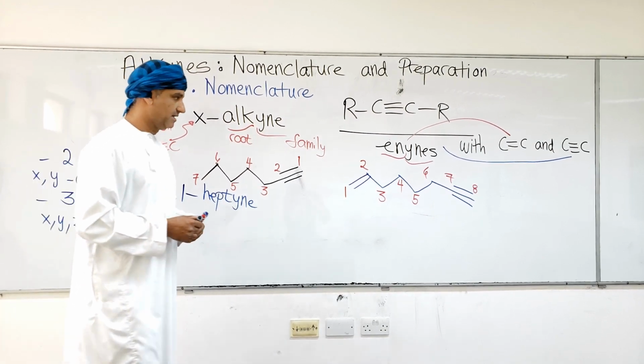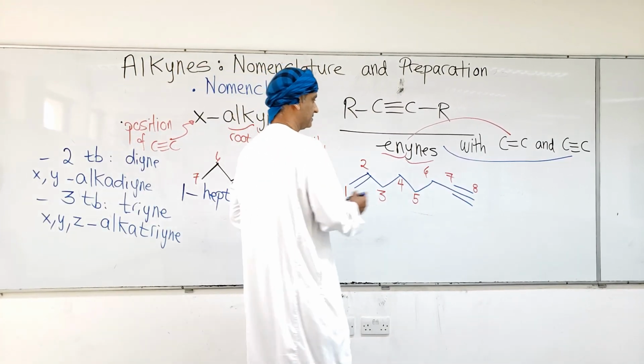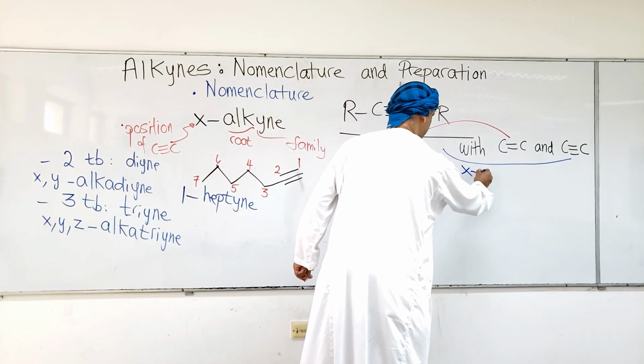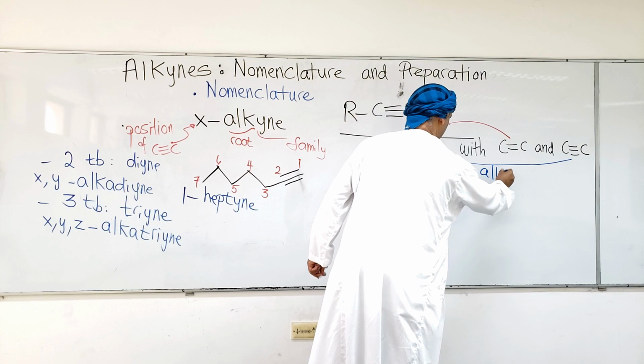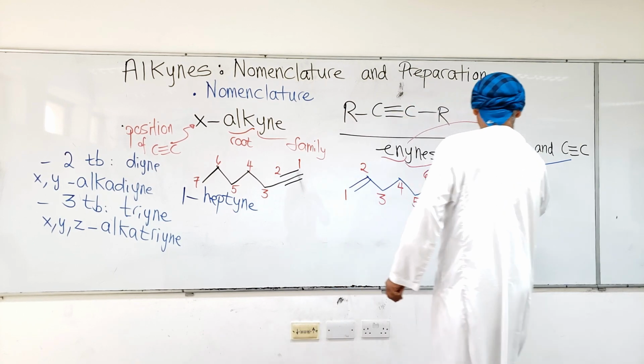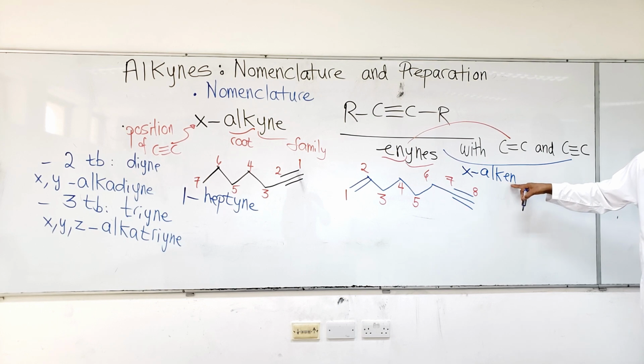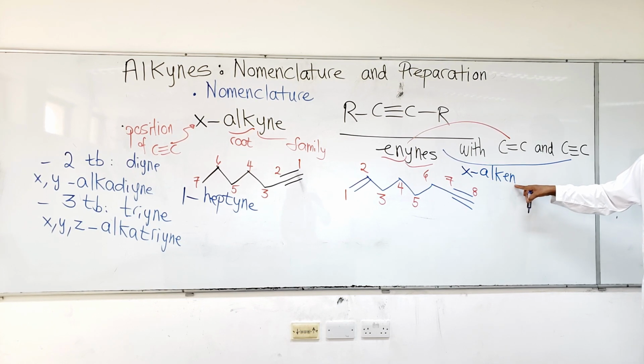Okay, so the best way to do this is to follow this general nomenclature. So X-alk-ene, X-alk-ene. Ene denotes the possession of the carbon-carbon double bond in the chain.